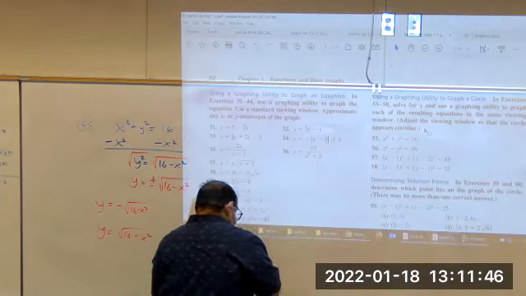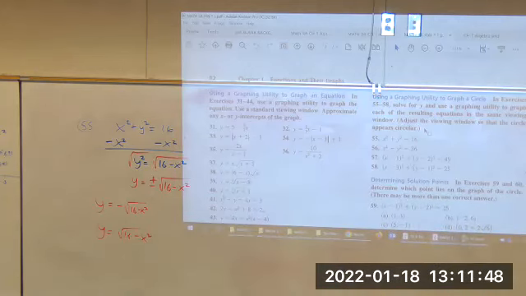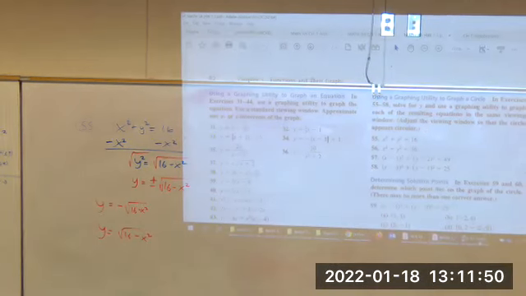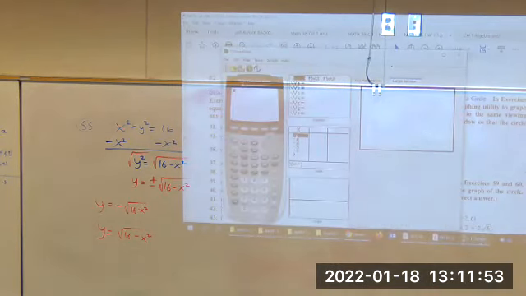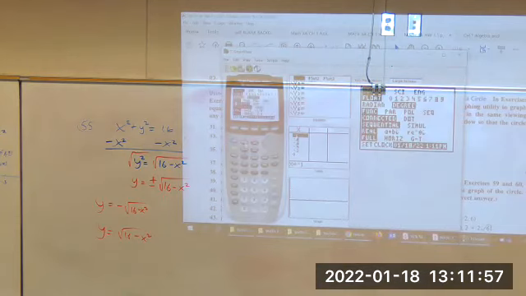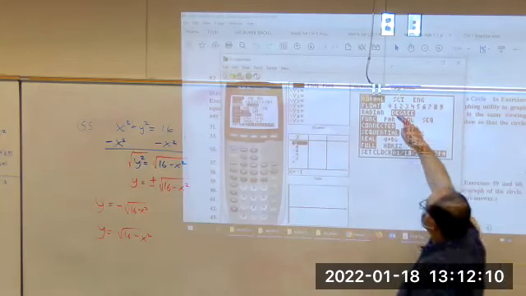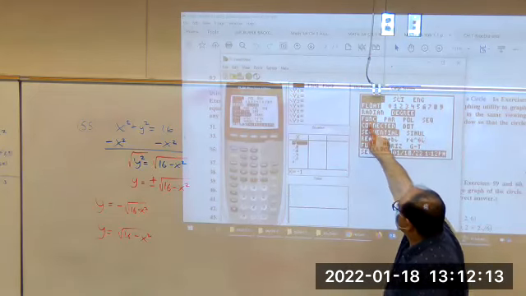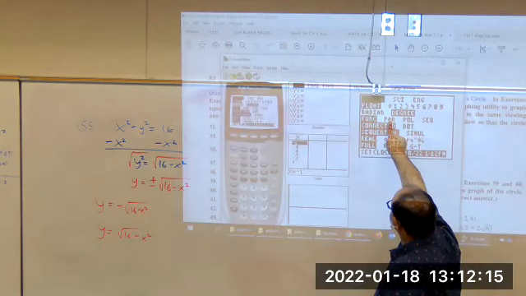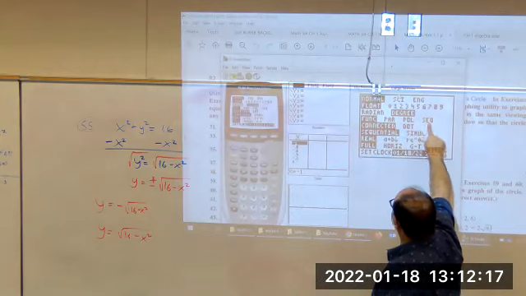All right, so graphing calculator. Right now it's algebraic, so it doesn't matter if you're in radians or degrees, but you want to make sure this right here is on normal, and make sure this is on function mode, not parametric, not polar, not sequence.